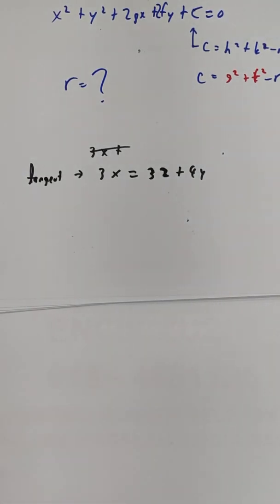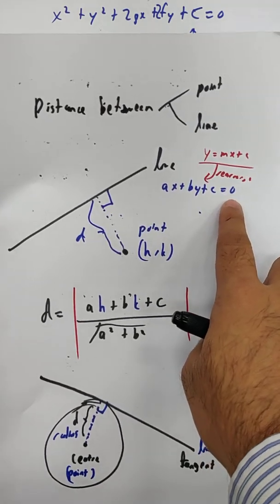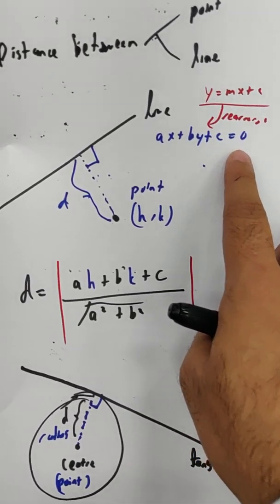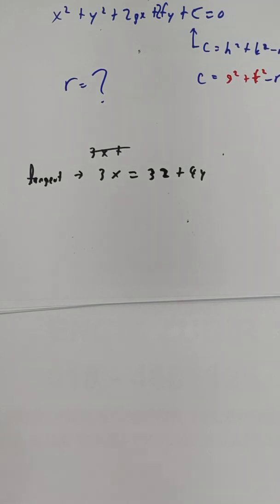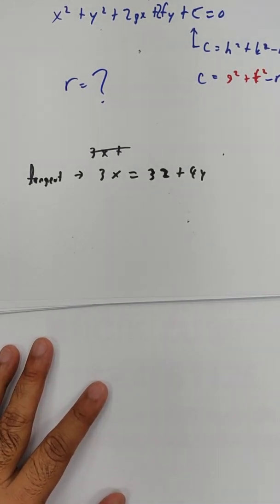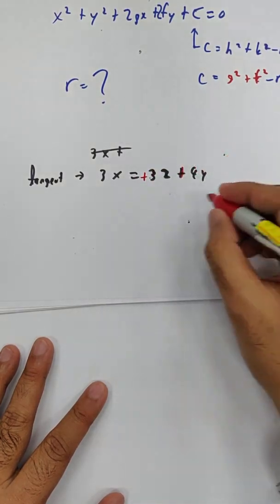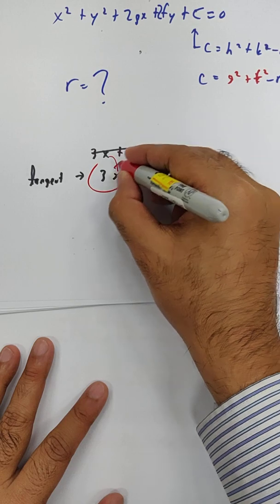Can I use it straight away? Why not? I need to arrange it in the form ax + by + c = 0, as we mentioned just now. This is not there yet. The easiest way: this one is already positive, this one positive, so I'll just bring this to that side.